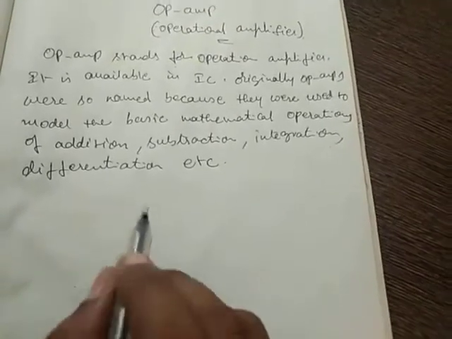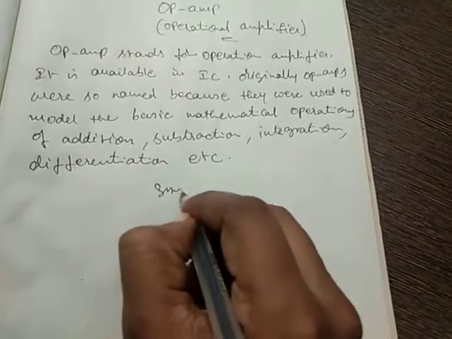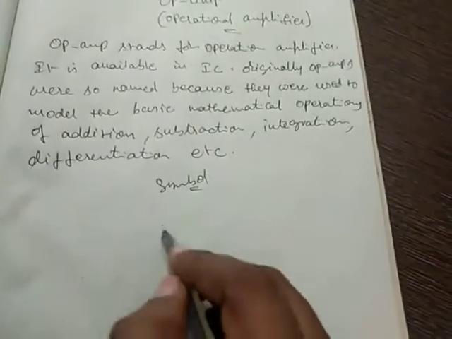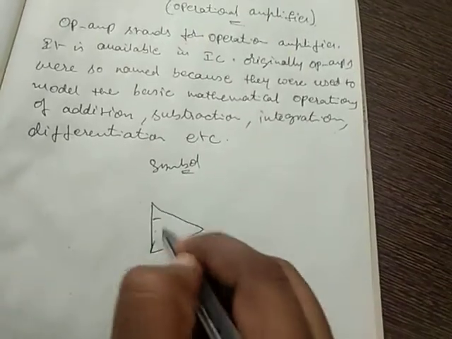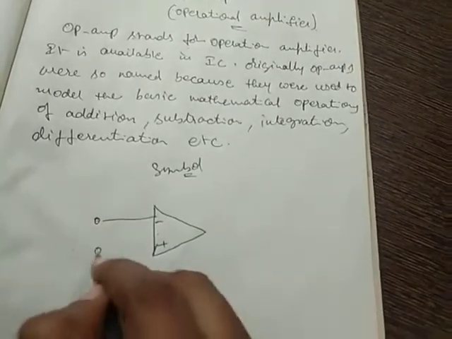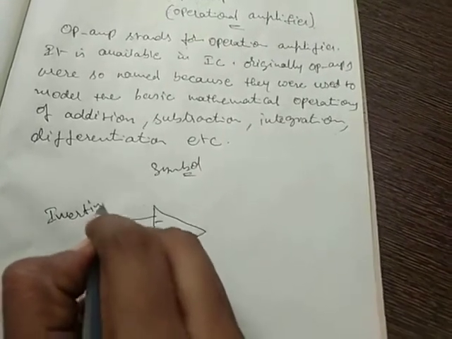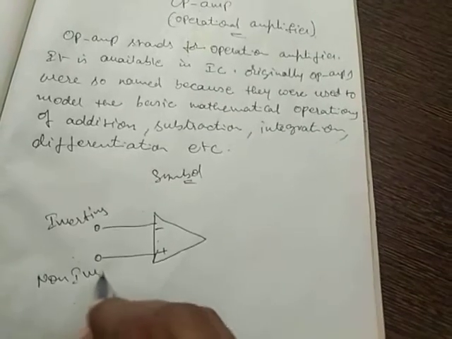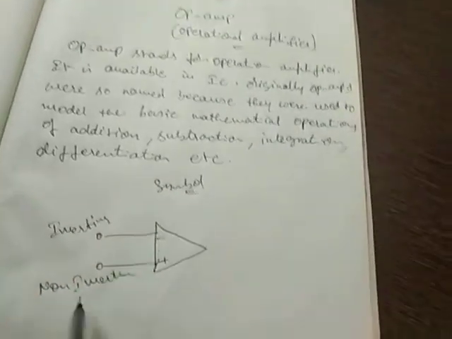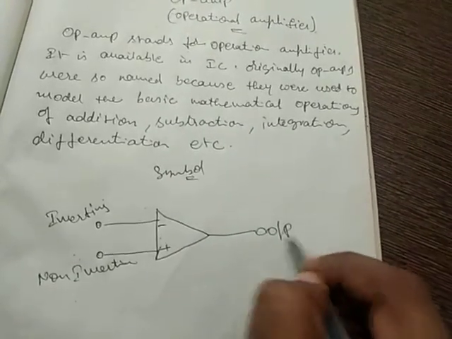The basic symbol of the op amp is like this. This is the inverting terminal and this is the non-inverting terminal, and this is the output.